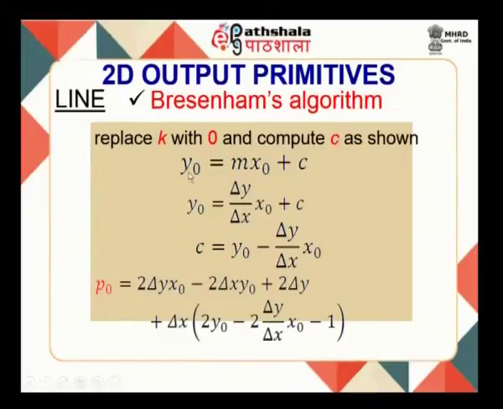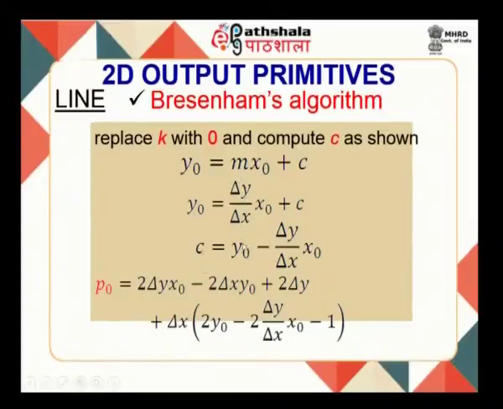From the slope intercept form we have this equation y is equal to mx plus c, and any point on the line should satisfy this equation. As we know, x naught y naught is the first known point on the line, so you can substitute for y naught and x naught, and we can write this equation. Now, c is equal to y naught minus m x naught, with m replaced by delta y by delta x.